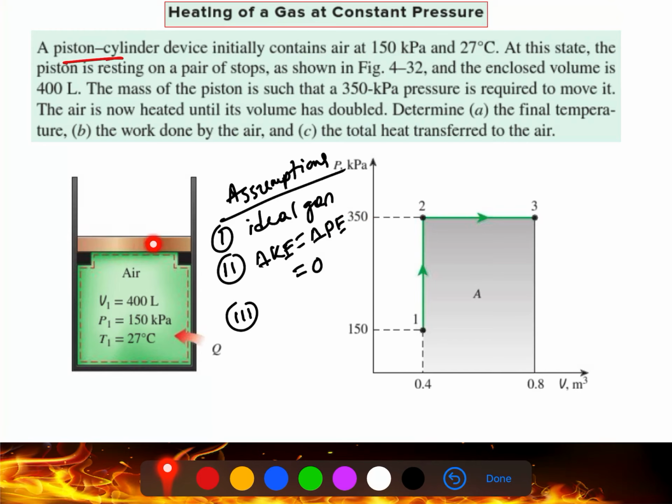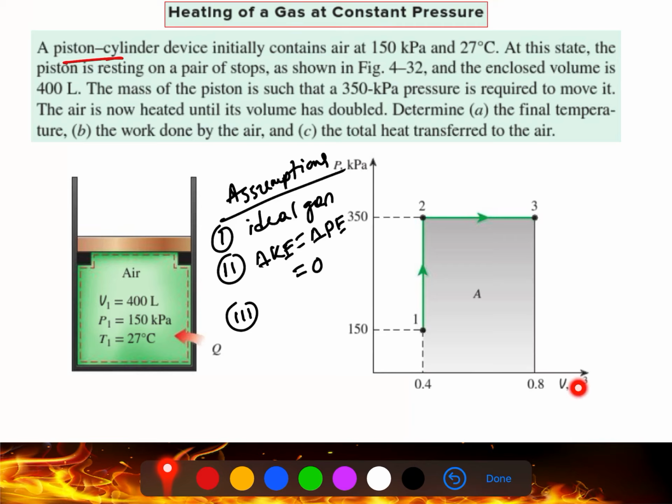That means the piston starts moving. Pressure remains constant after that, but volume increases. Initially the volume was 400 liter, and then it becomes double, 800. In meter cube, that is 0.8. It was given in liter, and we use meter cube, so you know how to convert liter to meter cube.